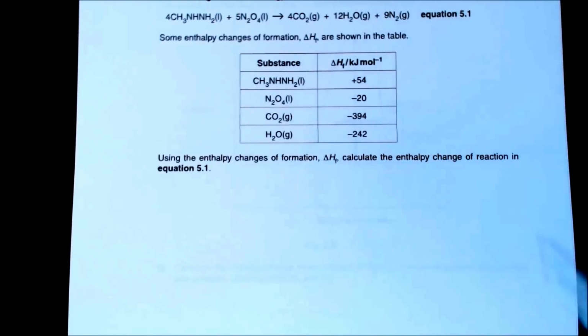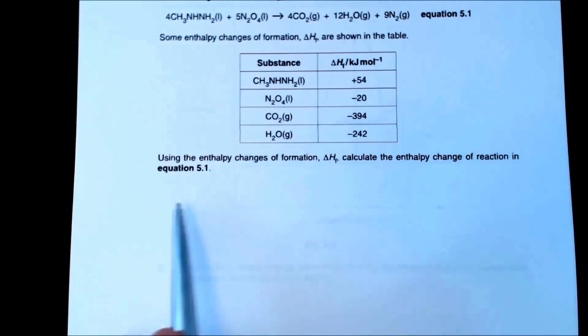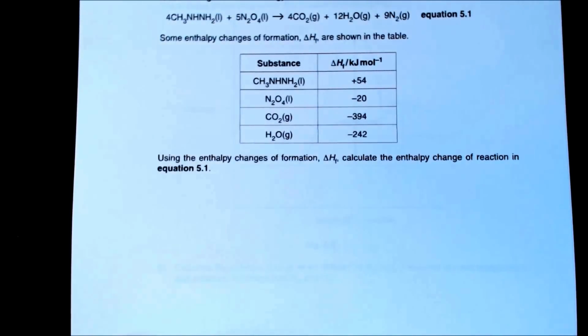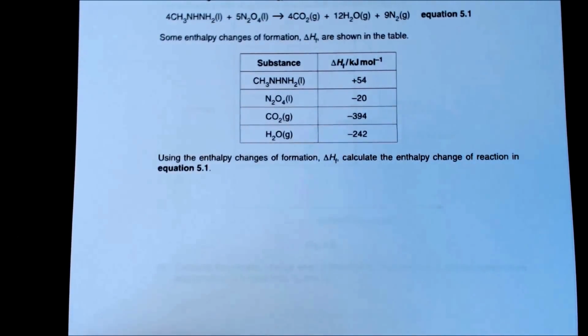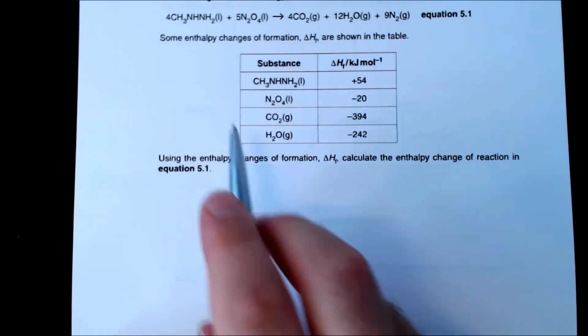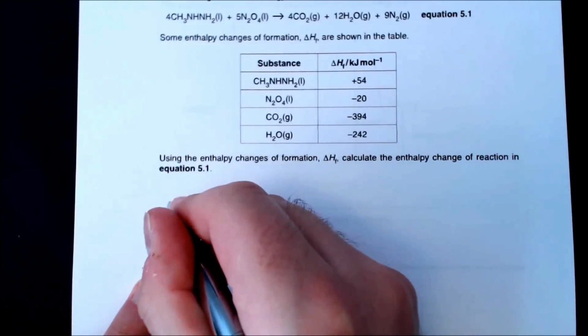Now, the data they've given us is formation data, so we have to draw a Hess's cycle with our elements on the bottom and arrows that point upwards like that to our reaction, which is written down up there. So I'm going to write our reaction first, which is this reaction here. I'm just going to rewrite this out.